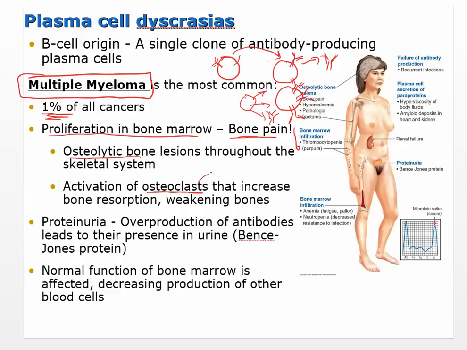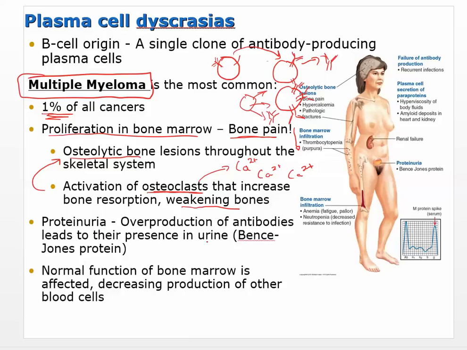Clasts are sending out calcium. It's actually breaking down bone. So it increases bone reabsorption, which is going to weaken the bones. This can also lead to these lesions in bone, which can also cause soreness.